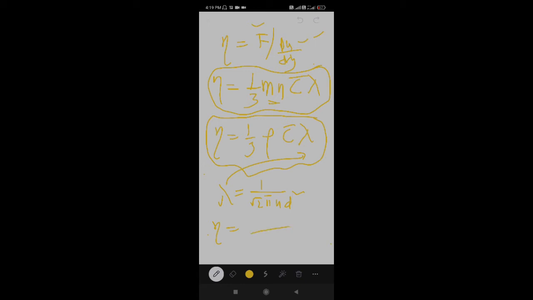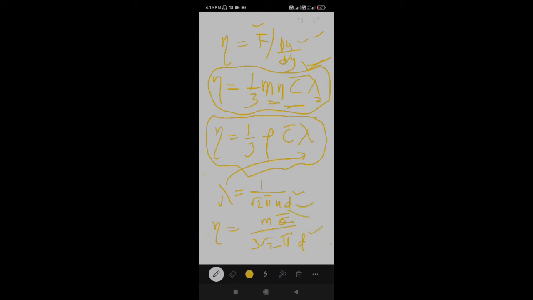So you are going to get 3 root 2 in the denominator, and pi is also there. n will be cancelled, so you are simply left with m c bar, and in the denominator you will have d square as well.